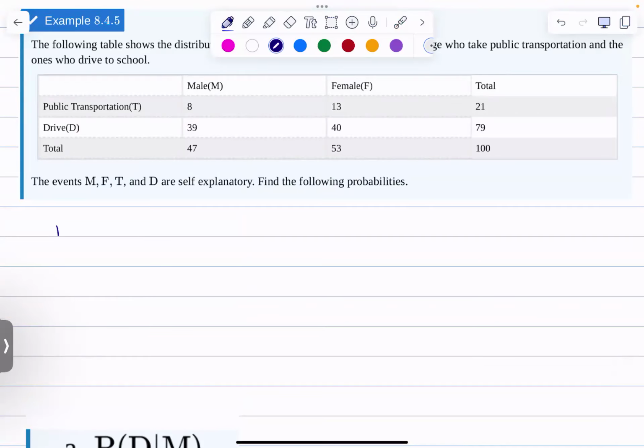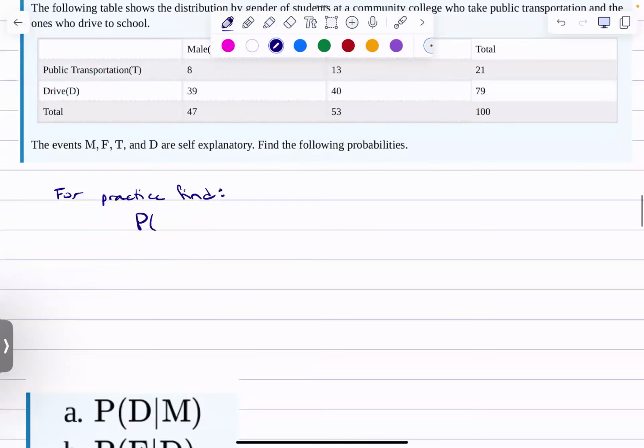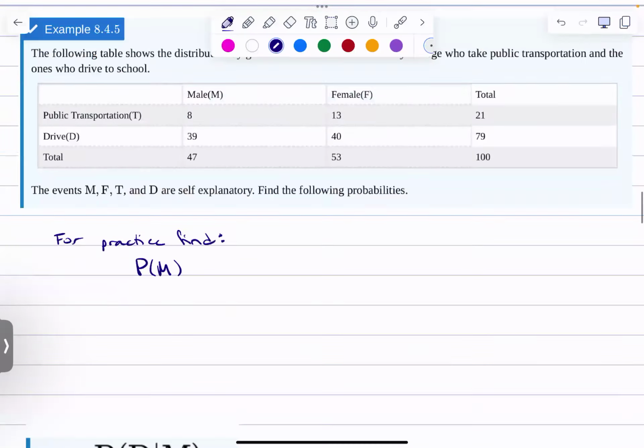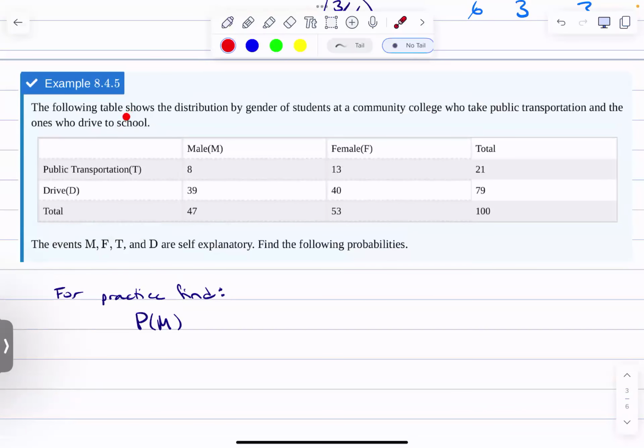But for practice, oh, I wrote that weird. For practice, find the probability of M. So the following table shows the distribution by gender of students at a community college who take public transportation and the ones who drive to school.